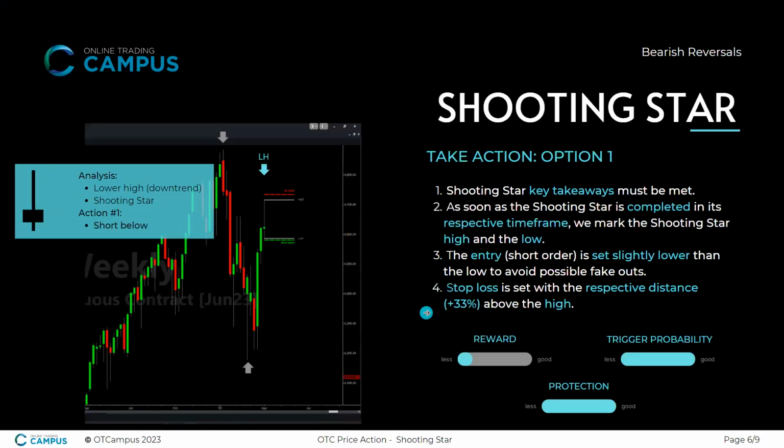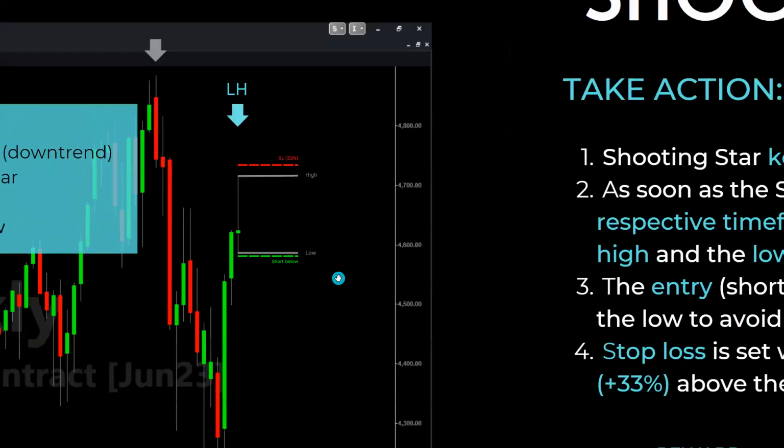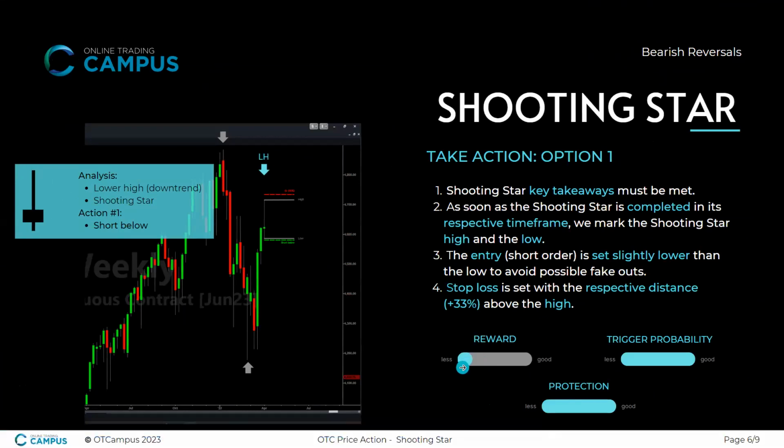The stop loss is set with a respective distance. For example, plus 33% above the high means stop loss above. Reward is more or less, guys, you remember from the last sessions, it's less. Sometimes it's not less, right? Sometimes it's great because you have a super small time frame, a super small shooting star.